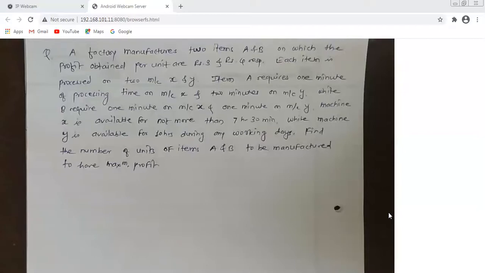So the question is like this: a factory manufactures two items A and B on which the profit obtained per unit are rupees 3 and rupees 4 respectively.